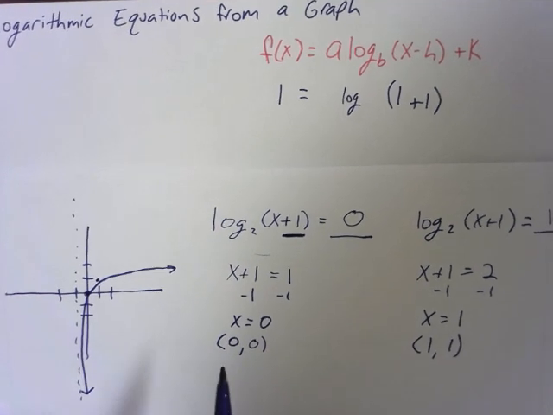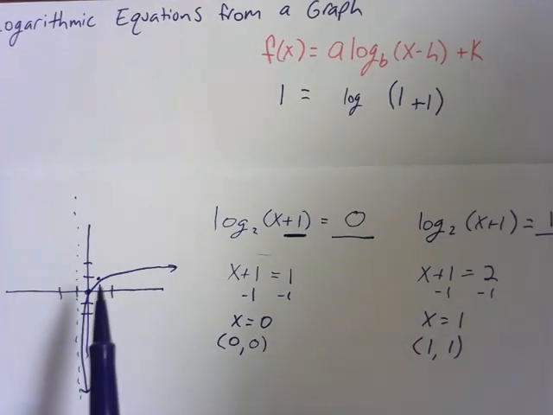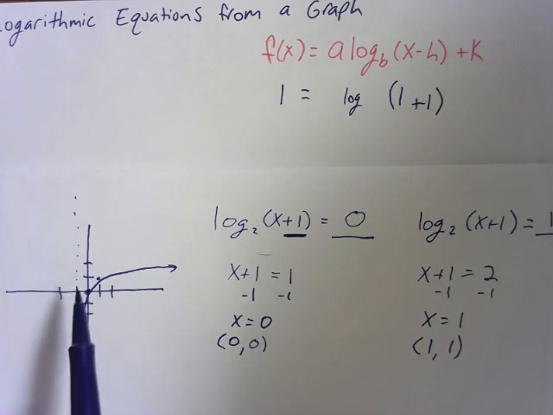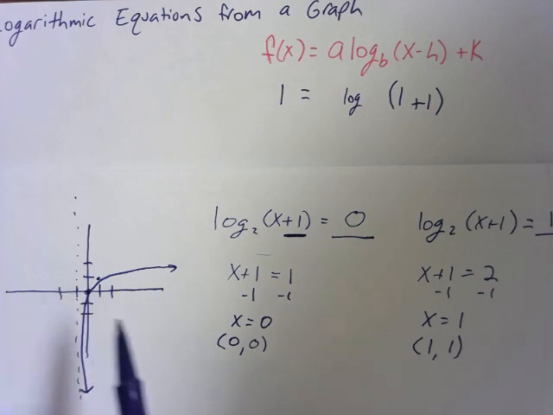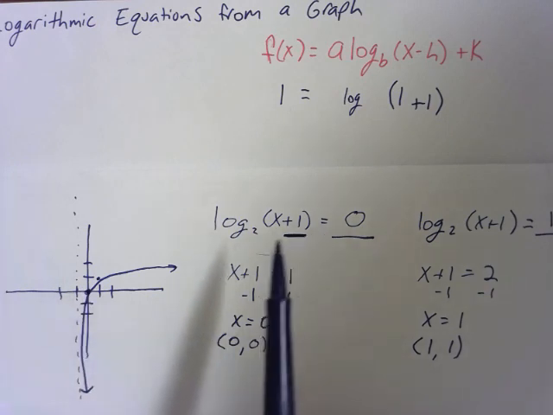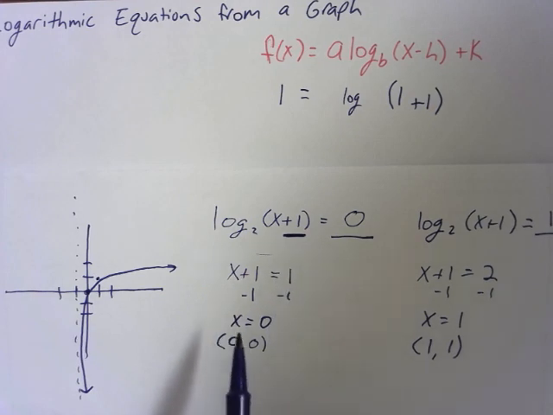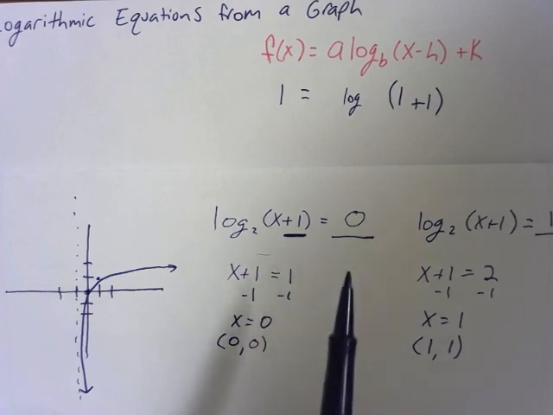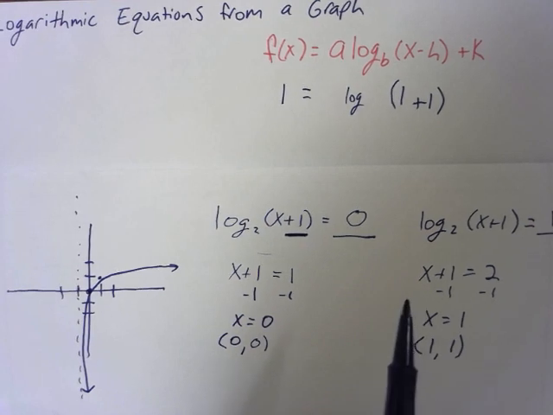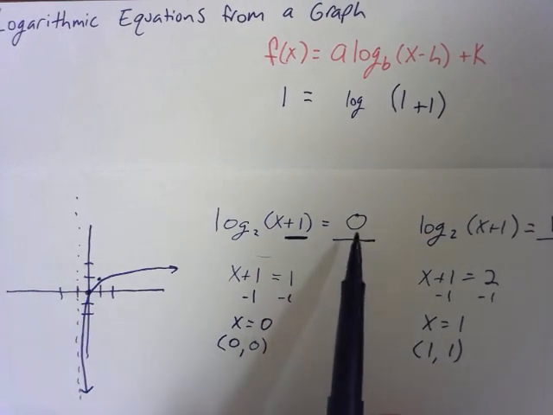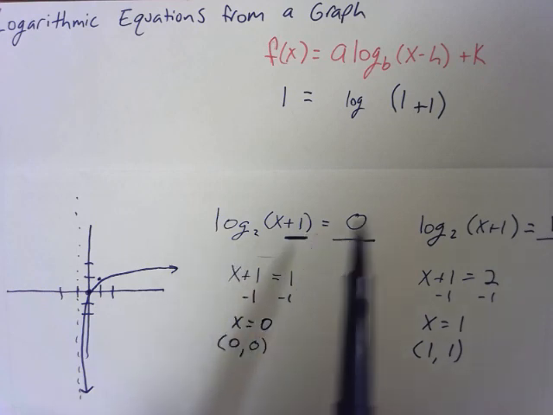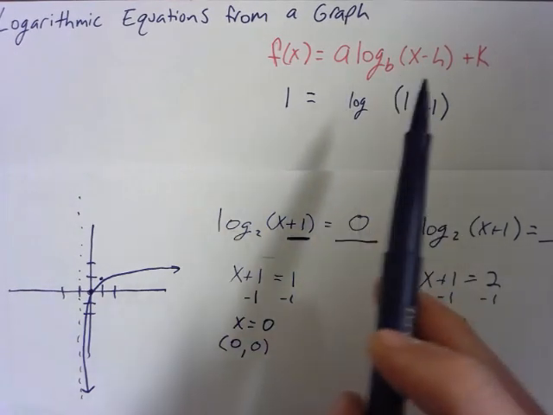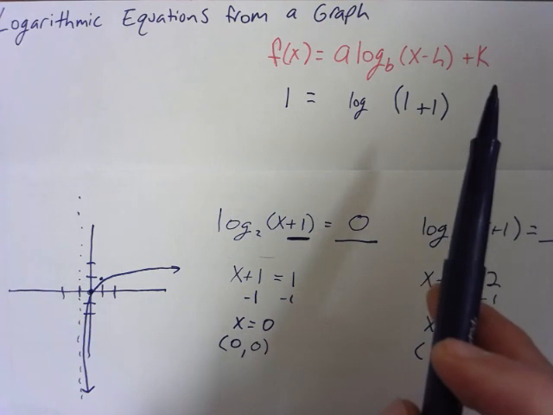Okay, so if that's the case, this is where my parentheses equals 0. And then remember when we set it equal to 1, it's x plus 1 equals 1, and that's what made my logarithm equal to 0. So whenever my logarithm equals 0, then my y-coordinate will just equal my k, because all of this will cancel out, and it'll just leave me with my k.